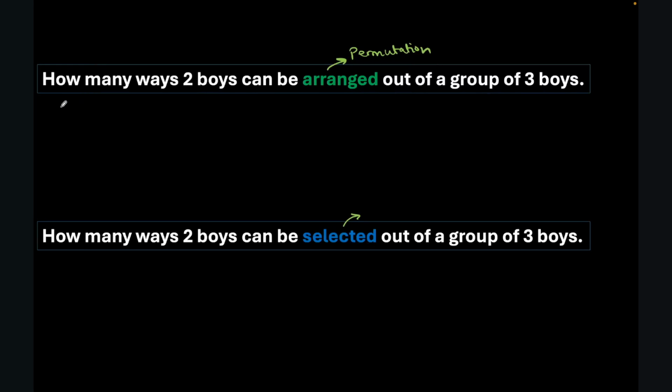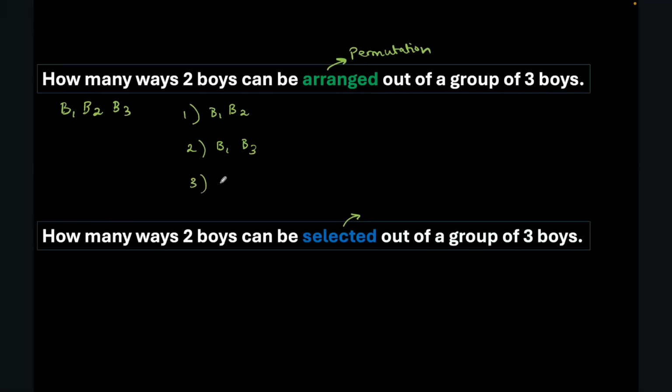Let's say we have three boys: boy 1, boy 2, and boy 3. Out of these three boys, we need to arrange two. The first arrangement can be boy 1 and boy 2. The second arrangement can be boy 1, boy 3.